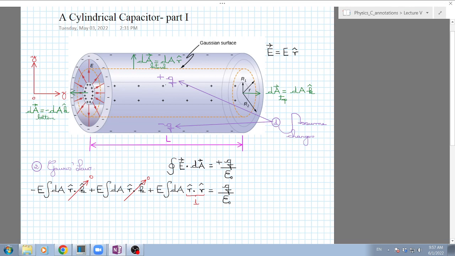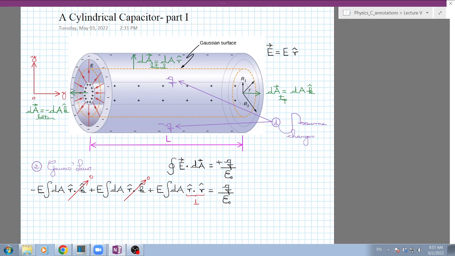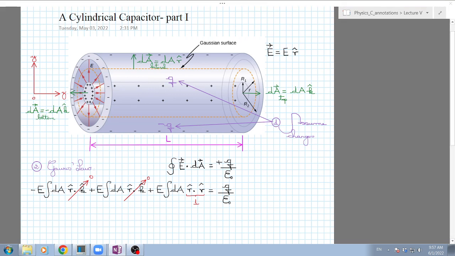I have two plates. The first thing that I have to do is assume charges here. I'm considering that this outer cylinder has a positive charge plus Q. Sorry, it's the opposite. This is negative charge outside, and I have a negative charge inside.